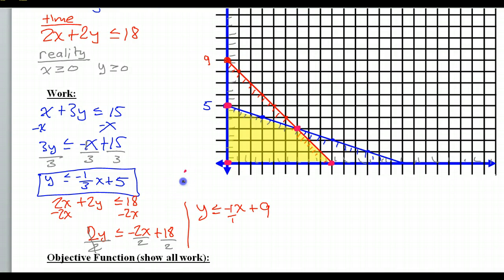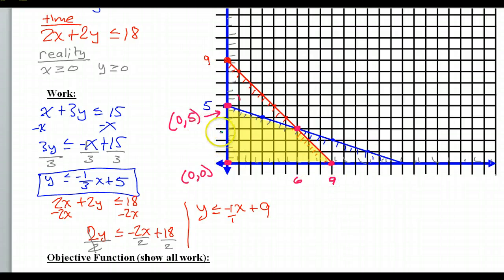So that is 0, 0, 0, 5. Whoops, I already did that one. Okay, this one is, let's see, 1, 2, 3, 4, 5, 6, 7, 8, 9.